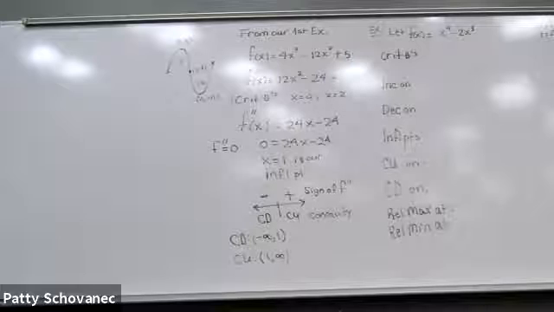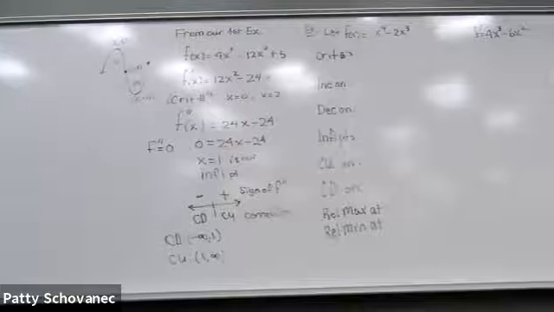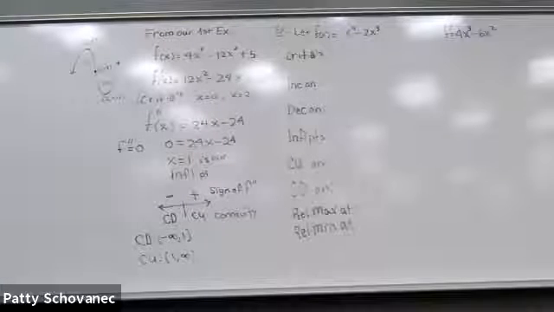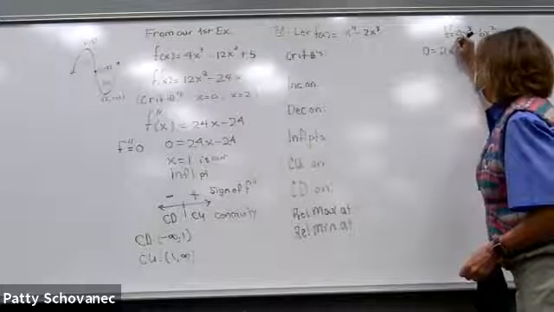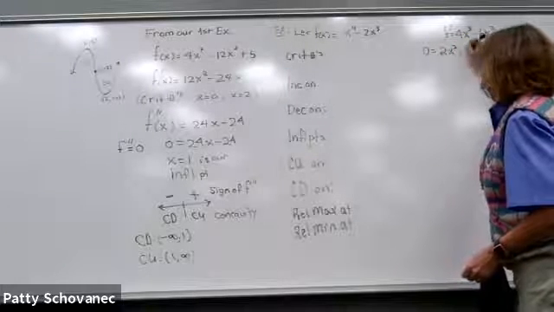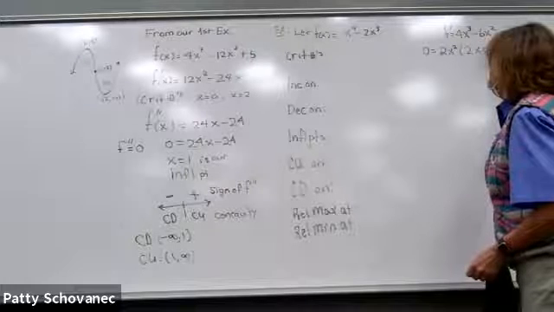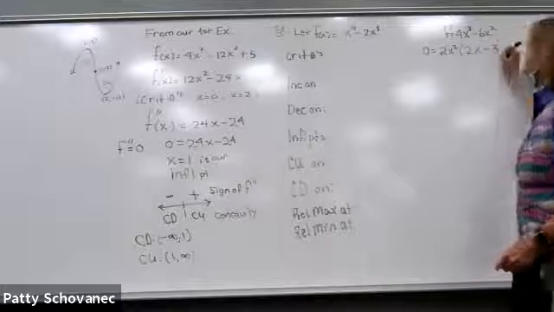And so we'll just factor out, I don't know, what do you factor out? 2x squared. All right, that is 0 is equal to 2x squared times 2x minus 3.